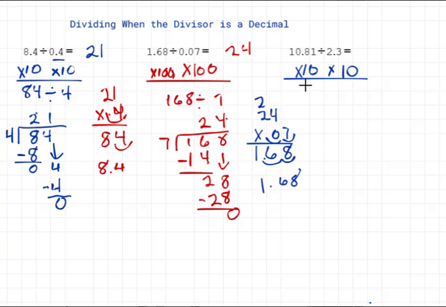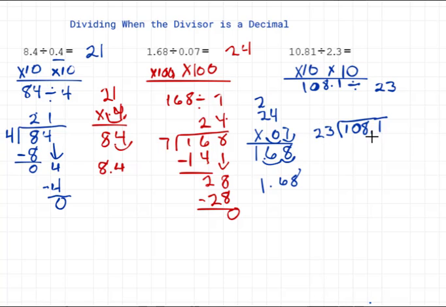So here we end up with 108 and 1/10 divided by 23. Let's go ahead and set this up. 108 and 1/10 divided by 23.